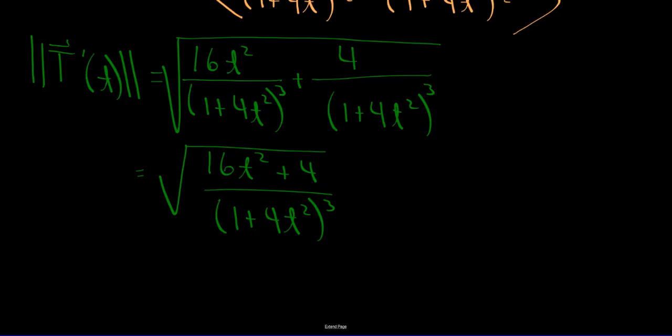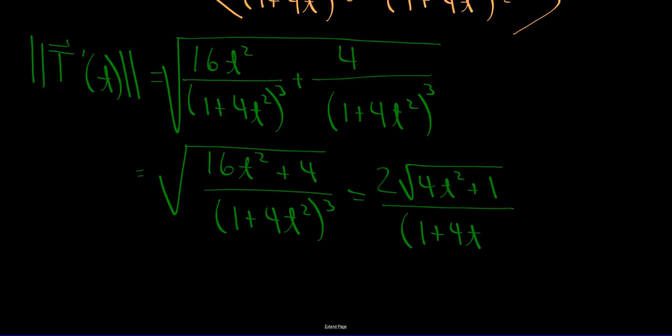Now, what would you do next to simplify this radical a little bit? Yes, I would take out a 4, and then look what you got. The square root of 4 is 2, so I've got 2 square roots of 4t squared plus 1. And let me take this out of the radical down here and call it 1 plus 4t squared to the 3/2. That's the magnitude right there.